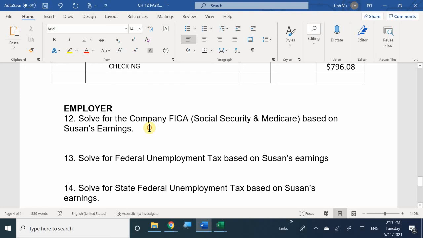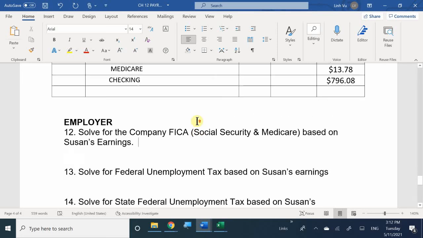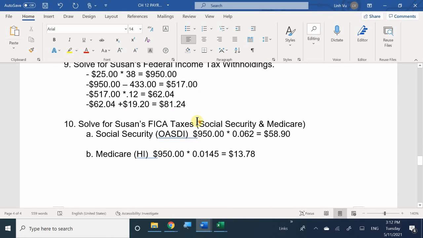Okay. So, of course, we have to deal with our employer side. So, we have to solve for the company FICA, which we know is going to be Social Security of, what is it?